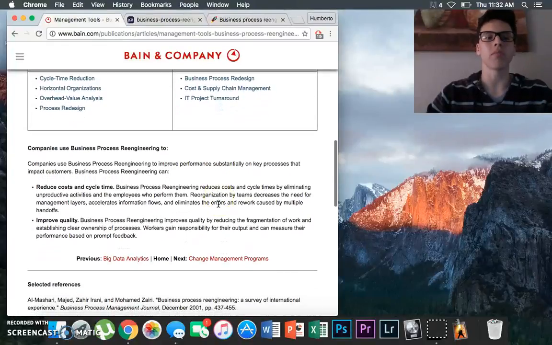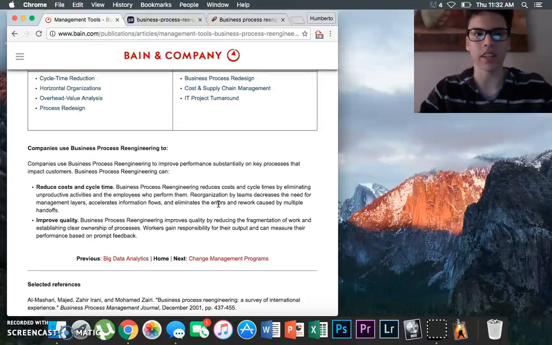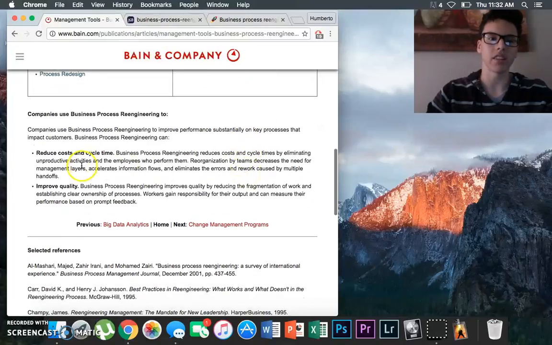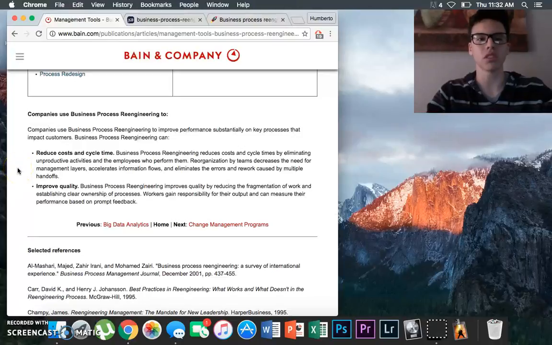The very cool thing that I found on this website is how companies use business process reengineering. I'll read two of the things listed in bold. First, it reduces cost and cycle time. Let's read what it says. Business process reengineering reduces cost and cycle times by eliminating unproductive activities and the employees who perform them.